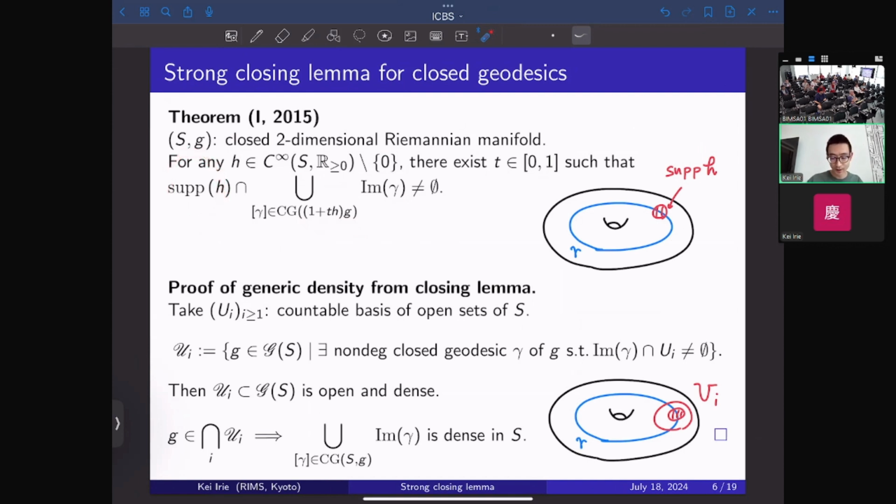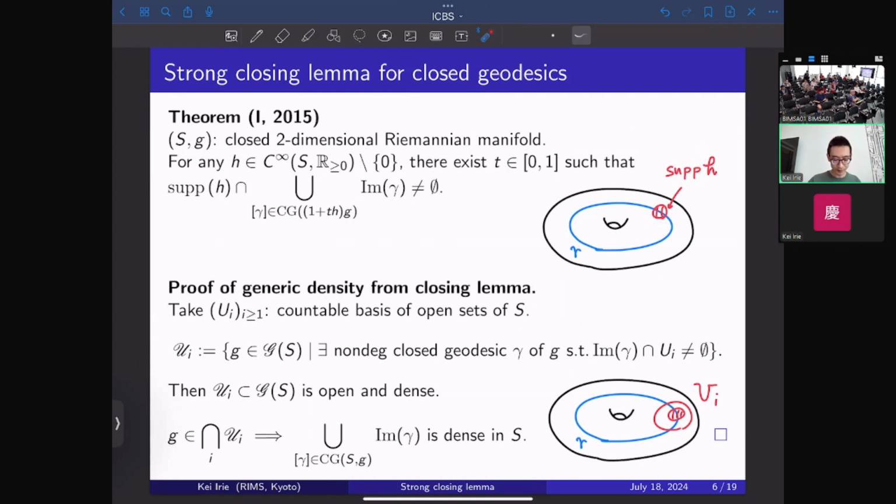In other words, there is a closed geodesic gamma of this perturbed metric (1 + th)g which intersects the support of h. So this is the strong closing lemma for closed geodesic flows. And on the next slide, I will explain why I call this the strong closing lemma.